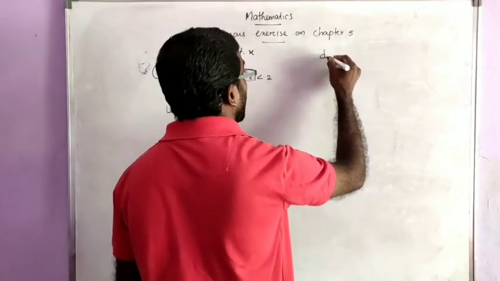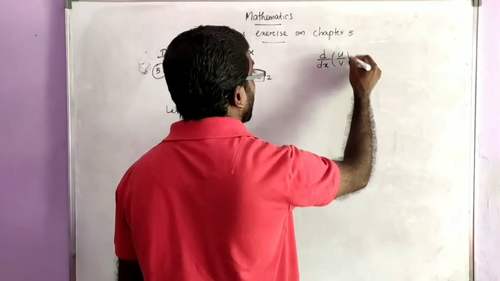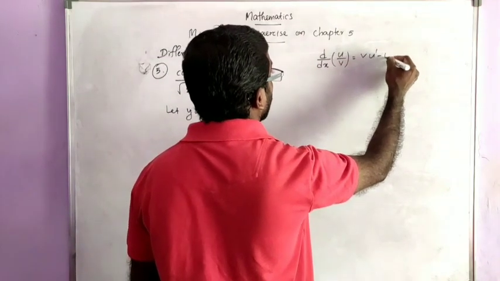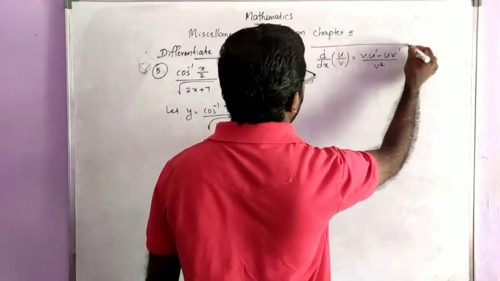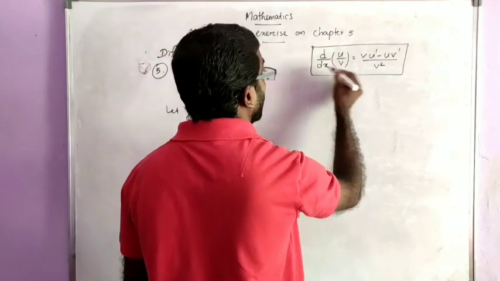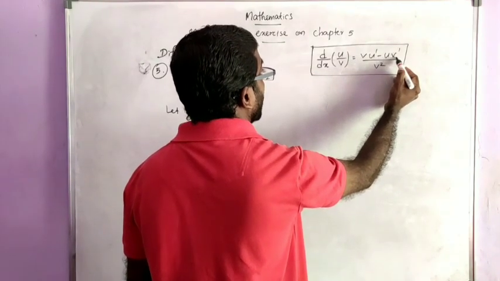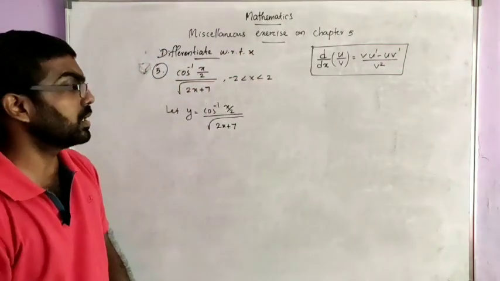So we have to apply quotient rule. Derivative of u by v, we know it is v u dash minus u v dash divided by v square. That is denominator into derivative of numerator minus numerator into derivative of denominator divided by square of the denominator.